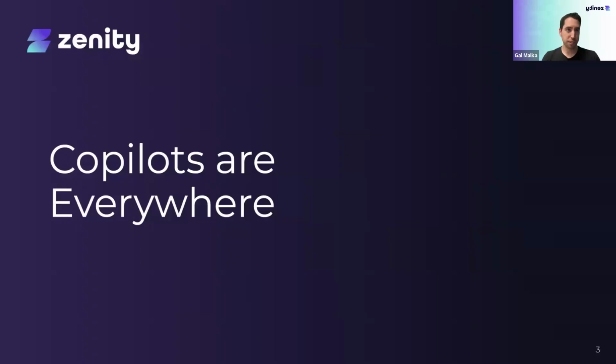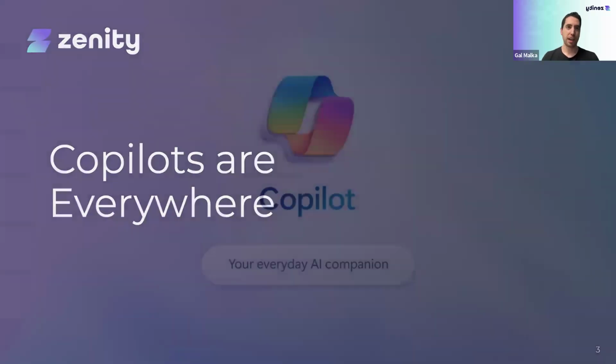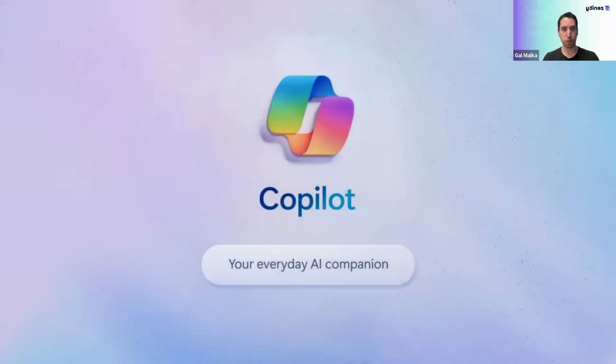So let's start. We all should be familiar now with the term Copilot, and copilots are pretty much everywhere. This is the logo of Microsoft Copilot, and Microsoft actually coined the term Copilot a few years ago. It was actually GitHub with GitHub Copilot, which was an AI assistant for a developer.